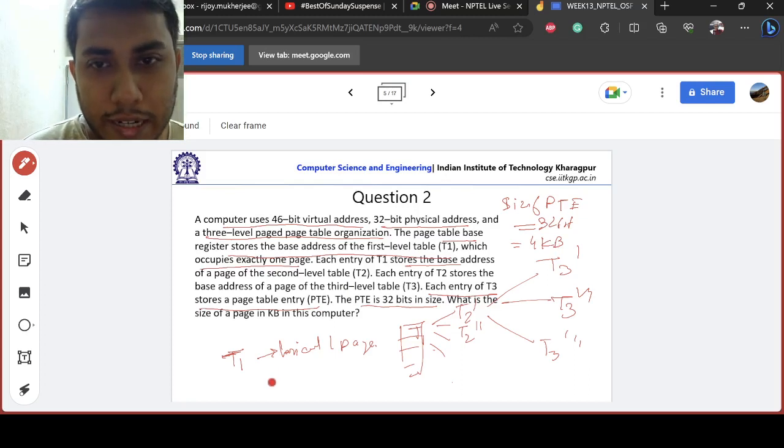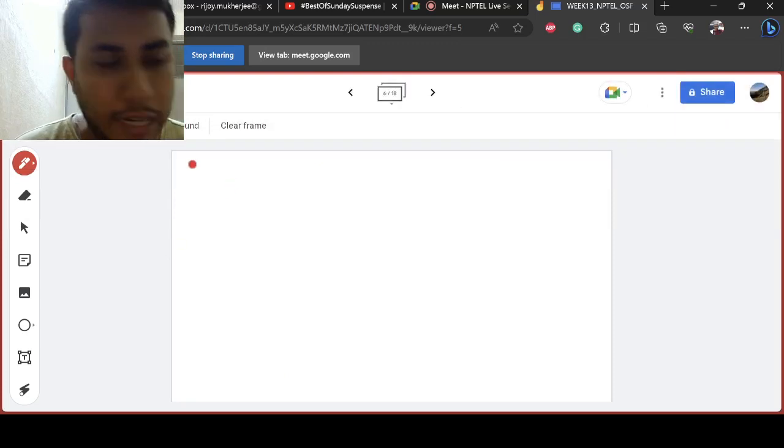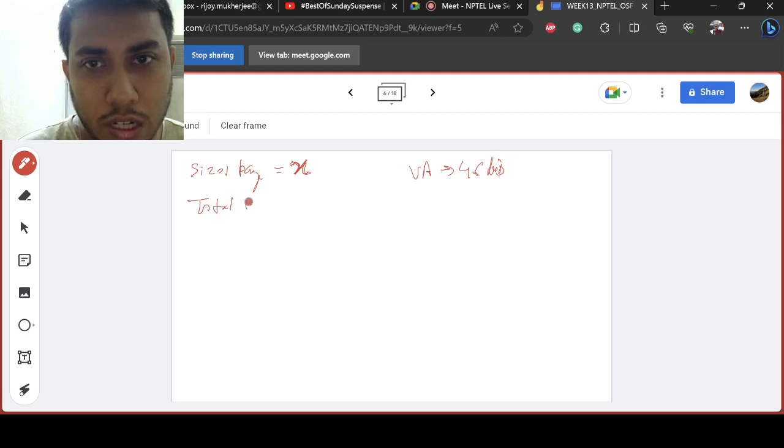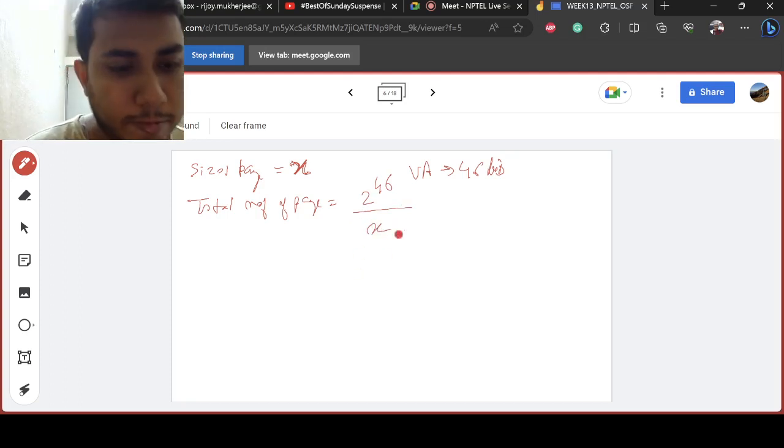Okay, so let's do it this way. Let's assume the size of a page is x. Since the virtual address is 46 bits, the total number of pages is the total size of virtual memory, 2 to the power of 46, divided by each page size x.